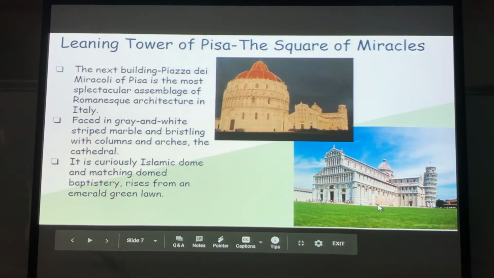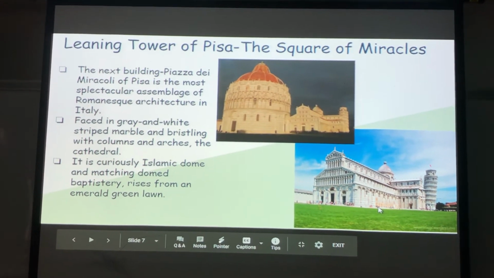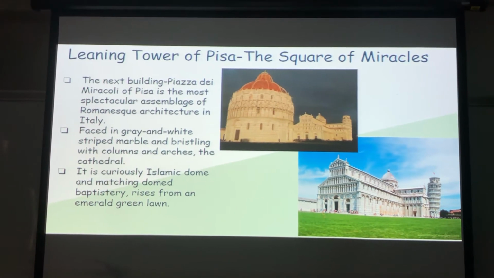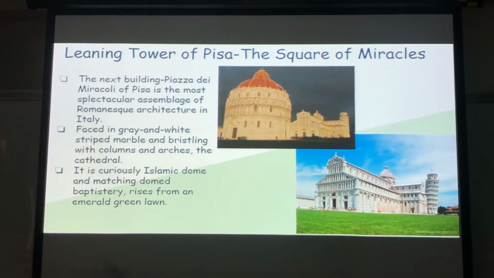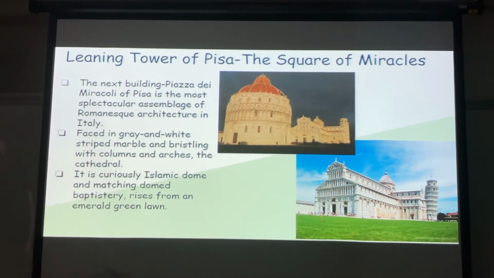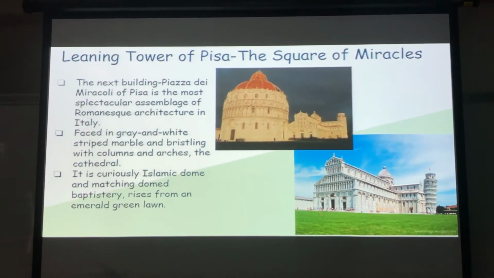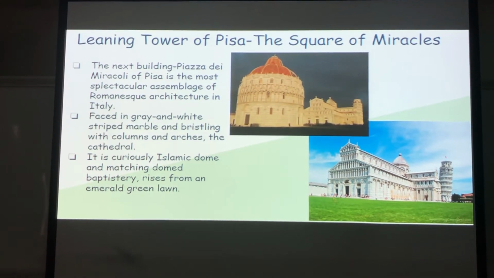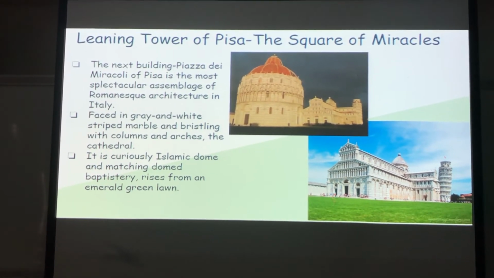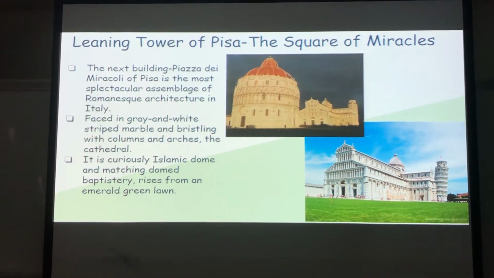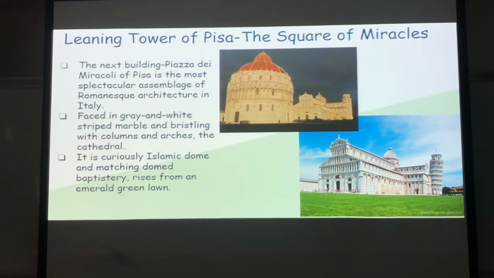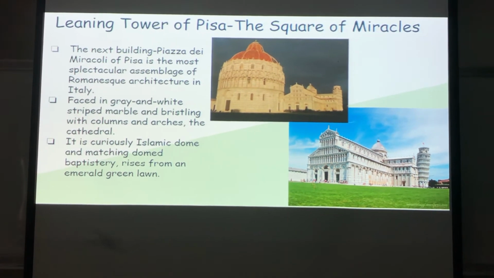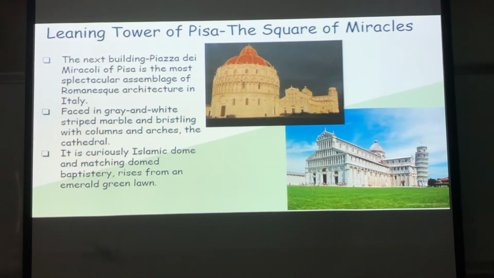The next building, Piazza dei Miracoli of Pisa, is the most spectacular assemblage of Romanesque architecture in Italy. Dressed in gray and white striped marble and bristling with cones and arches, the cathedral is curiously Islamic, and the round baptistery rises from an emerald green lawn.